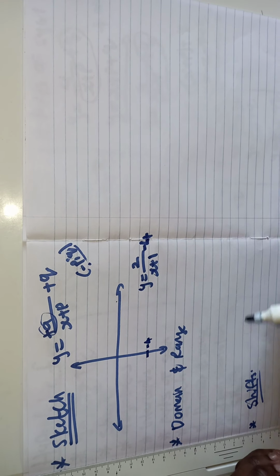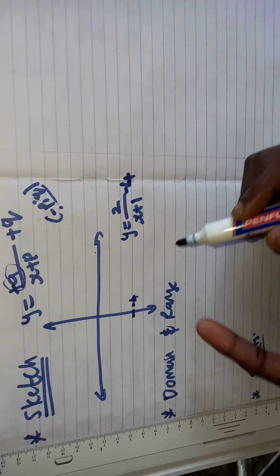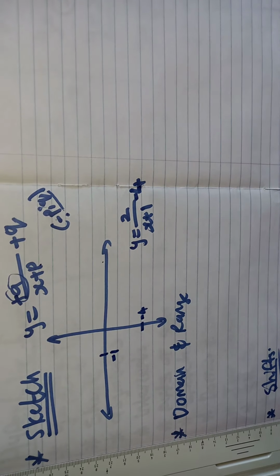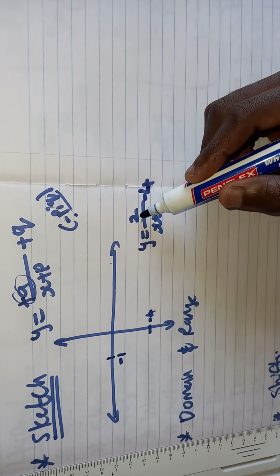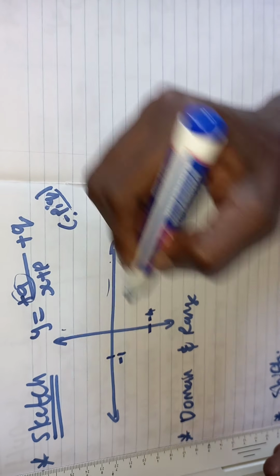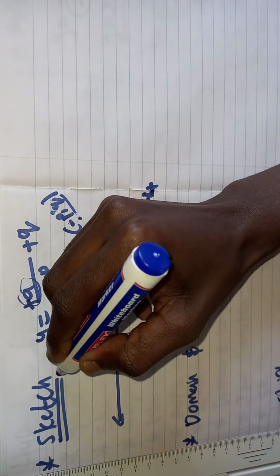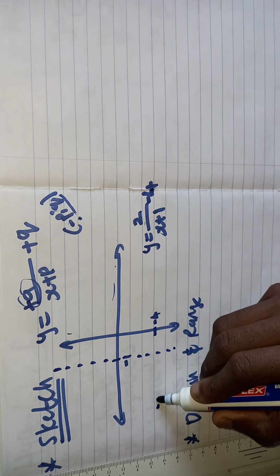It's negative 4 here, and here we have positive 1, which means it's going to be negative 1 on this side. As you can see, it's a positive value, which means our graph must be in this quadrant and this quadrant. But first of all, draw your asymptote lines.